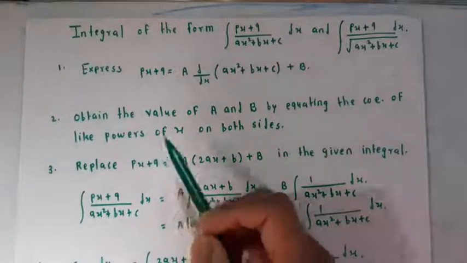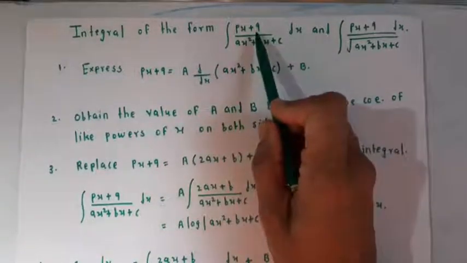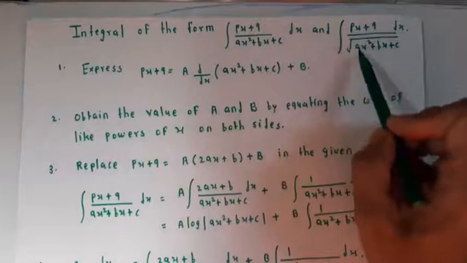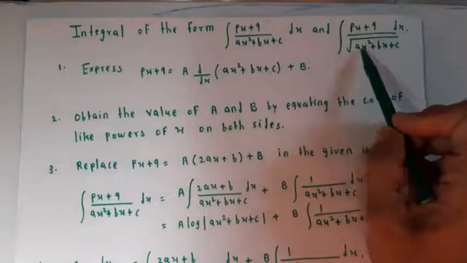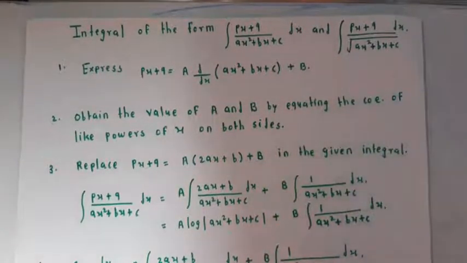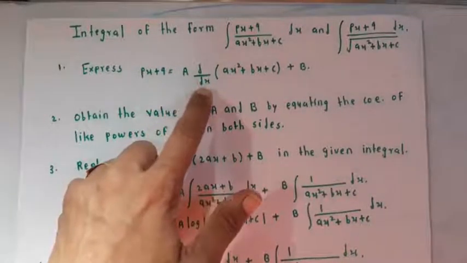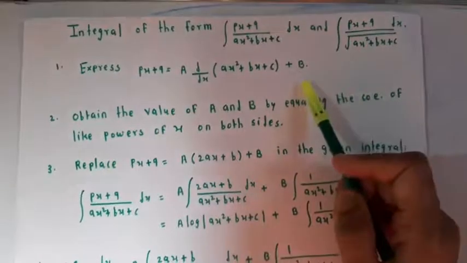First, this is the numerator, this is the denominator of the integral. Whatever your numerator is, express it in the form of a into derivative of denominator plus b.